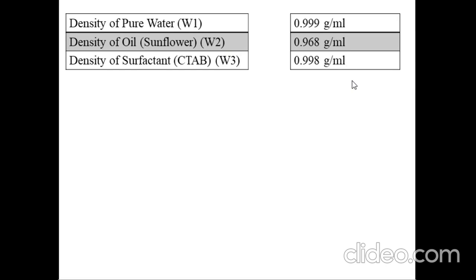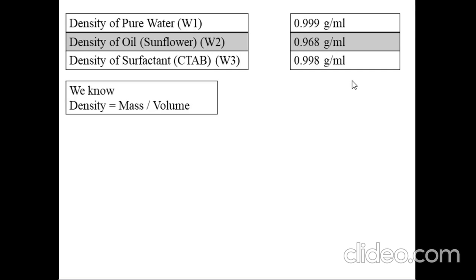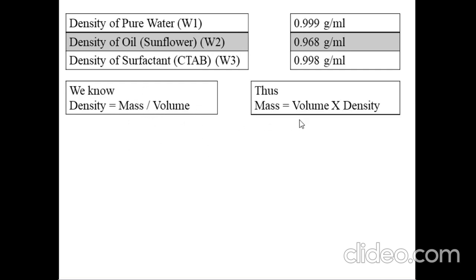So, you have the volume of the three component system. Now, you have the densities of the three component system. And we know that density is given by mass over volume. So, you have the density, you have the volume, so you need to calculate the mass. So, mass is equal to volume times density. So, how do you calculate?